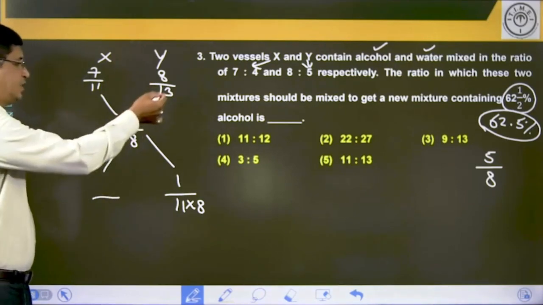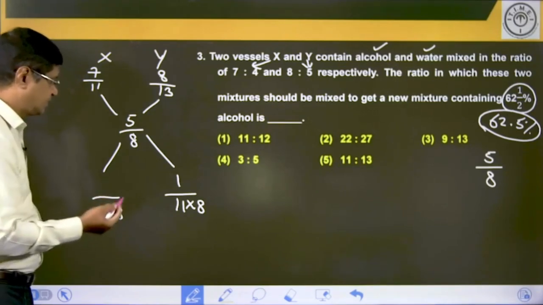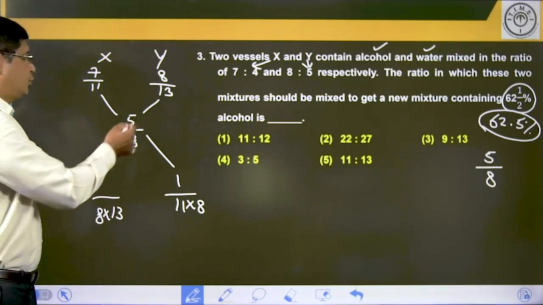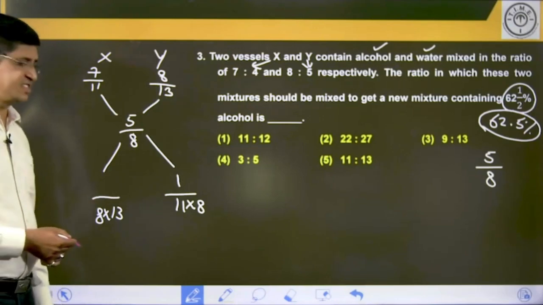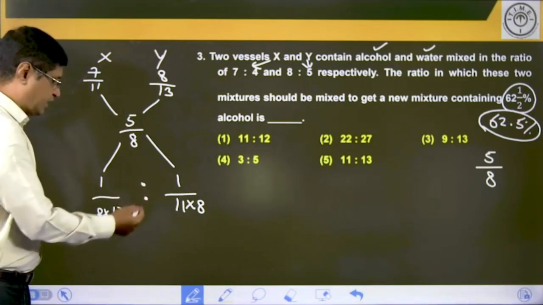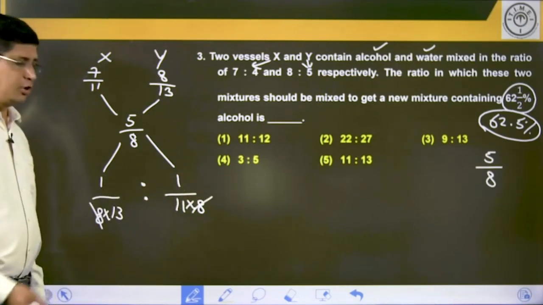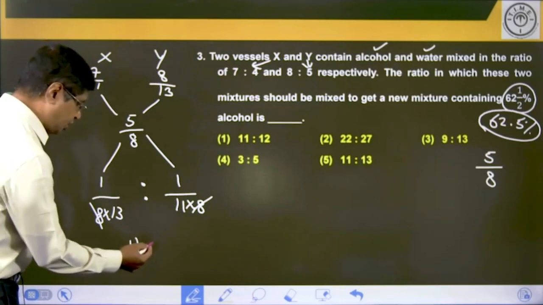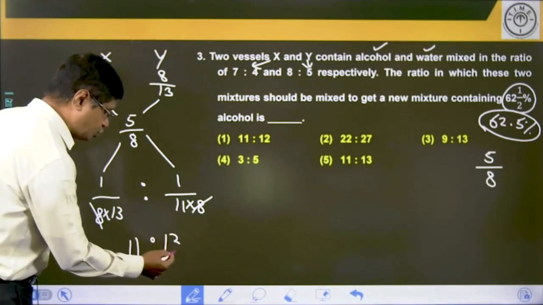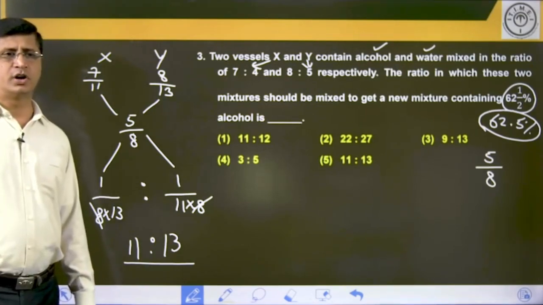Similarly, just observe the difference of these two. 8 into 13 is the LCM. Now 8 into 8, 64. 13 into 5, 65. The difference is 1. Simplify this, you will get the ratio. Here 8 is common, both sides get cancelled. By doing cross multiplication, it will give 11:13. 11:13, what is the right choice?